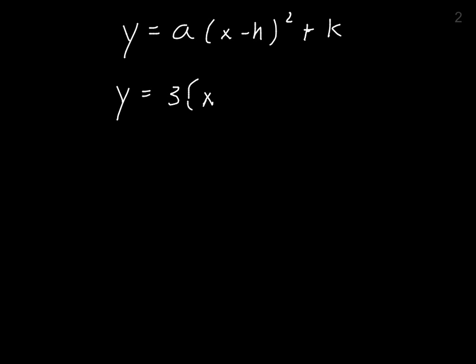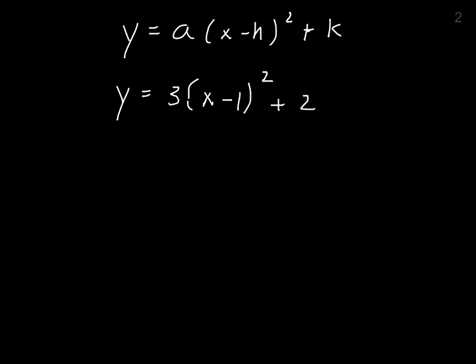Now, you're familiar with the standard form, which looks like this: y equals a(x minus h) squared plus k. Let me give you a numerical example of the standard form. So let's say 3(x minus 1) squared plus 2.